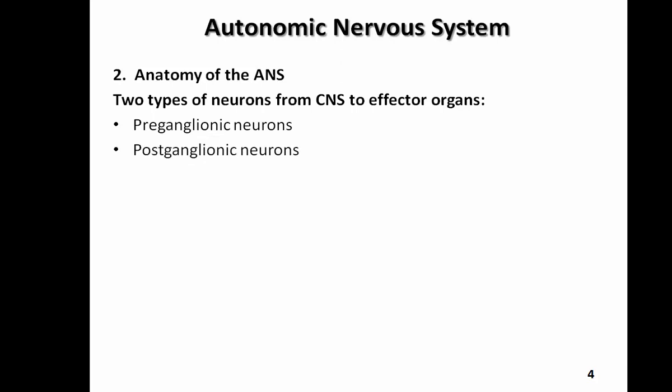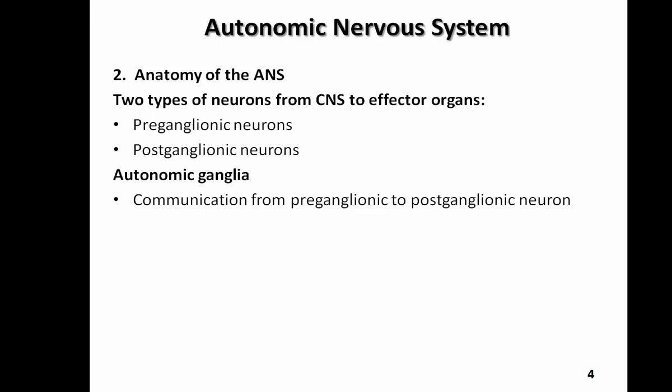And there are what are referred to as post-ganglionic neurons. These are neurons that occur after the collection of those nerve cell bodies, and those are located for the sympathetic nervous system in what's called the sympathetic chain. The autonomic ganglia represent those clusters of nerve cell bodies that will communicate between preganglionic and postganglionic neurons, and are often referred to as intrinsic neurons.